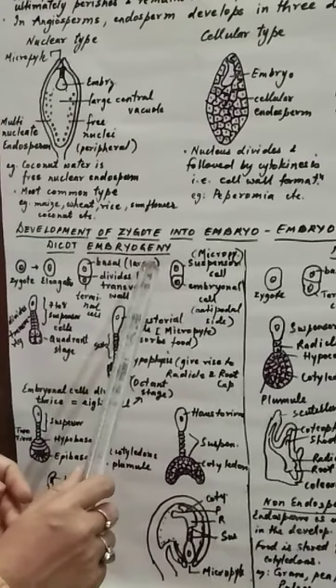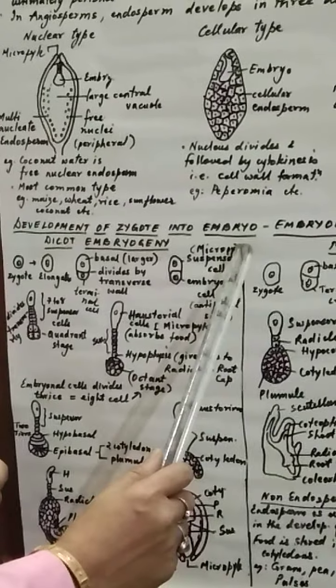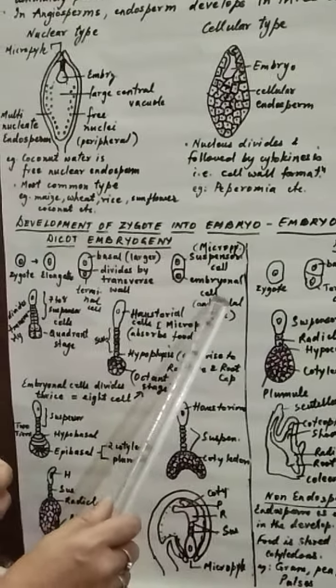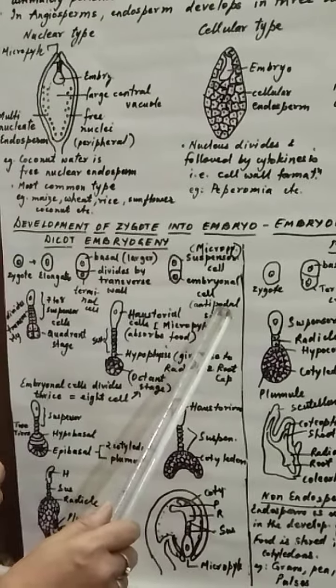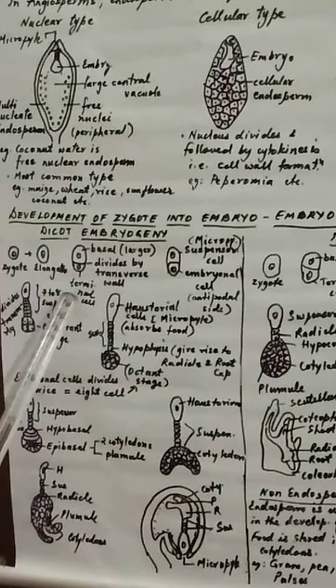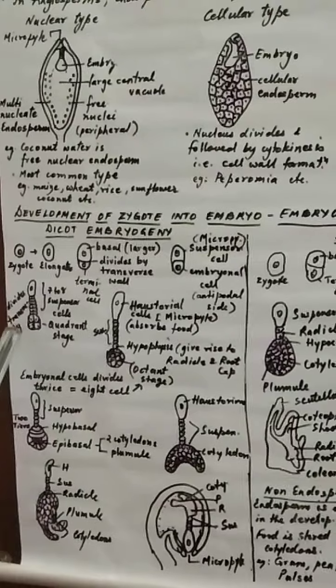This basal larger cell is called suspensor cell, which is towards micropyle end, while the embryonal cell is towards the antipodal side. Now these suspensor cells divide into 7 to 8 cells, and this division is transverse division.